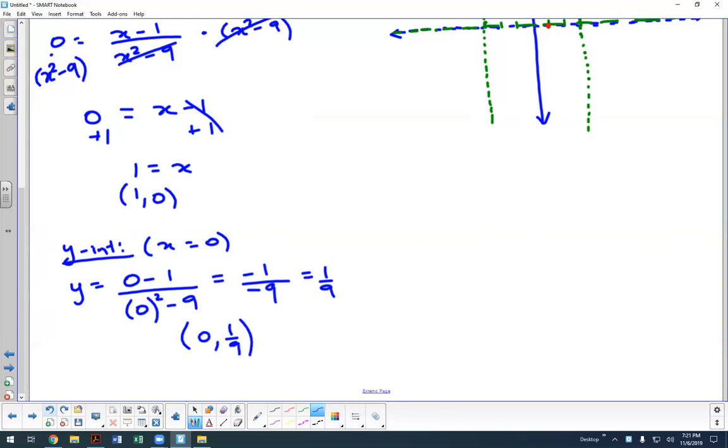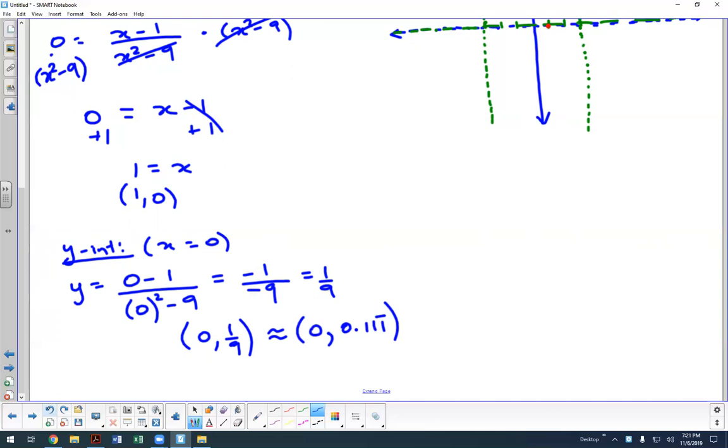But it's not a happy number, but as a decimal, what is 1/9? So we can at least know, kind of roughly, where to put our point. Like 0.1111. Yeah, it's a repeating 1, right? So a hair of a hair above the x-axis, right?